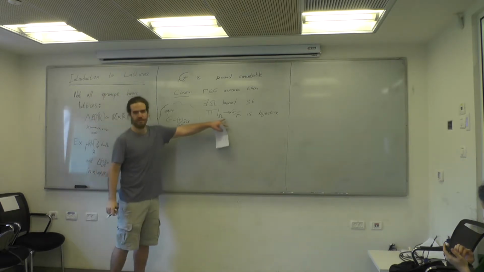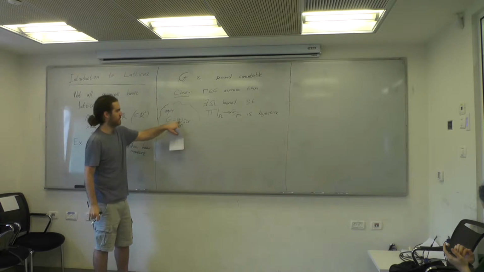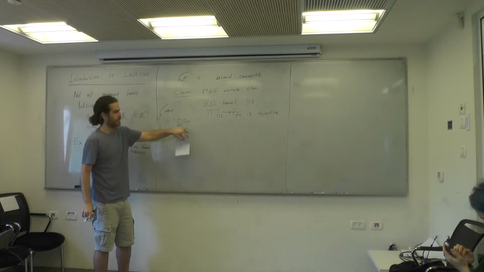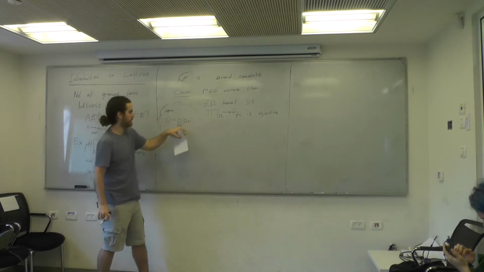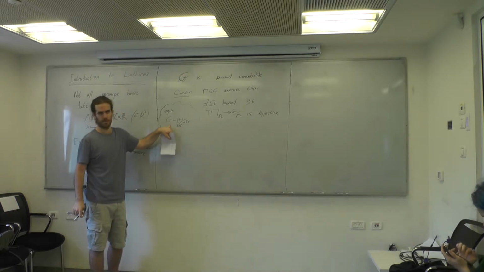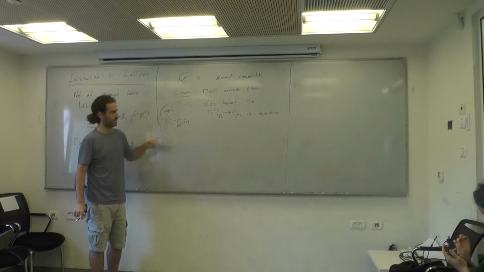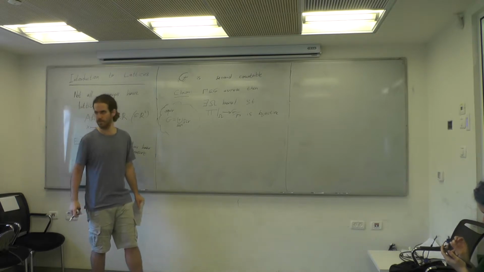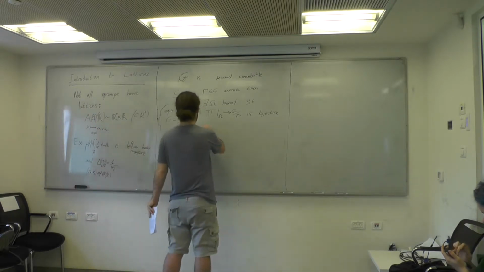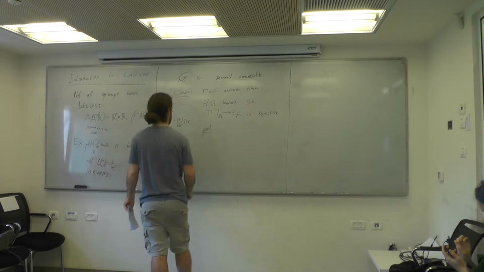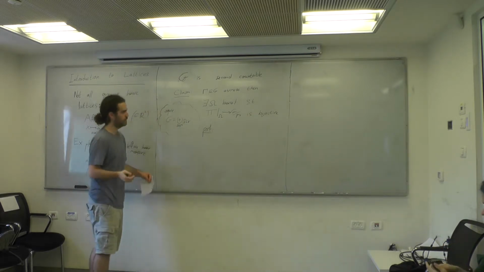The injective property means that this is disjoint, and the surjective means that it covers everything. So for the proof of this, we'll do an outline.